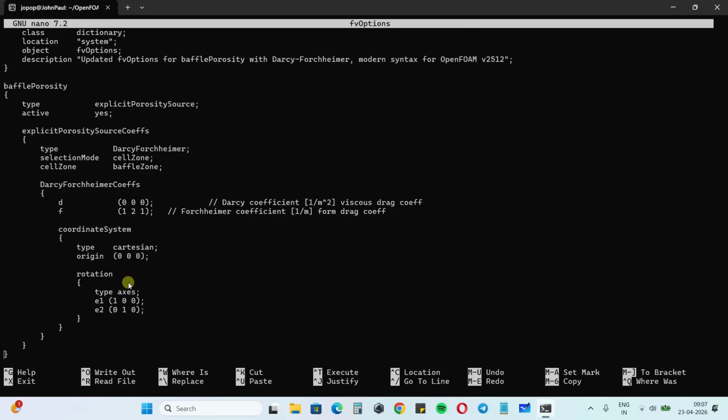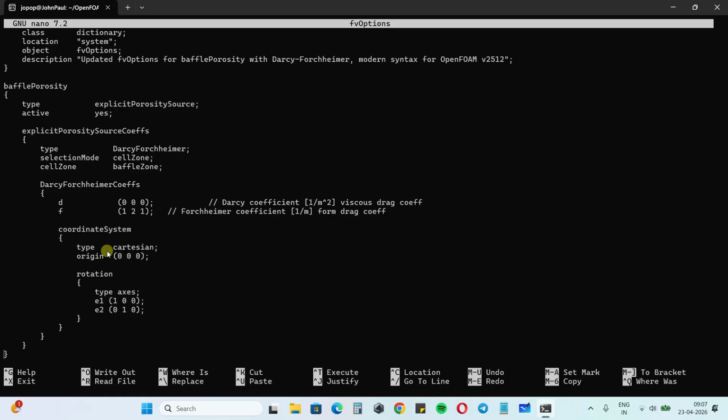So the most realistic way to model that will be considering two permeable zones, where one follows the same coordinate axes, and in the next you rotate the coordinates by 90 degrees. Then you have to modify it here. That's how you use this coordinate system block.